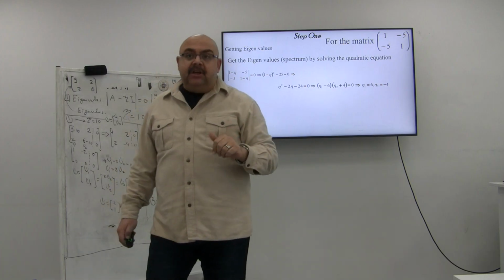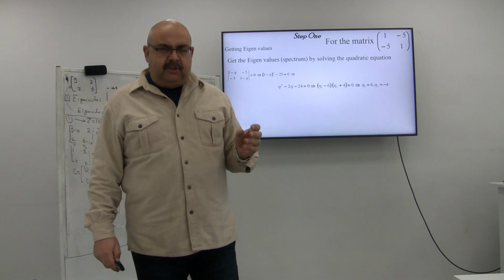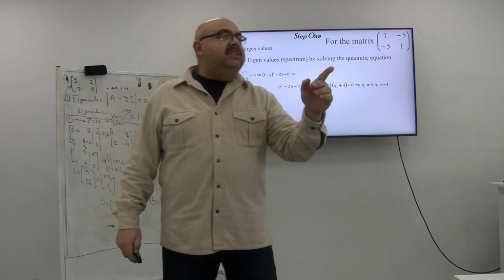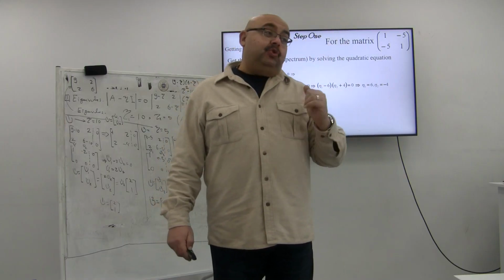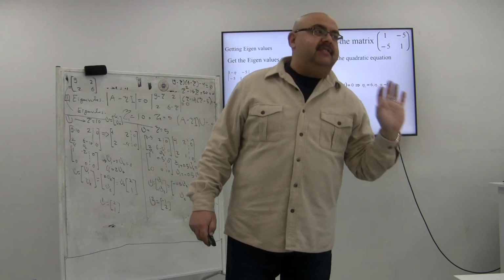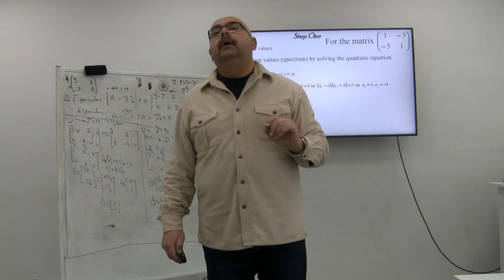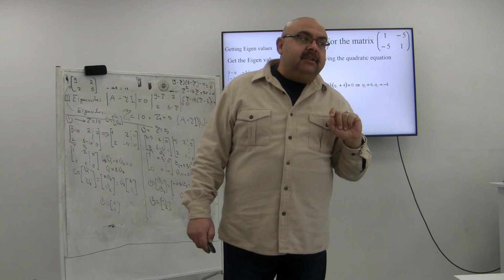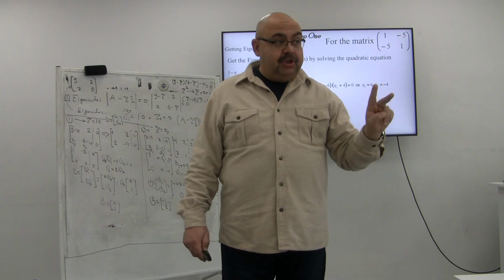Do the eigenvalues here share the same sign? No, they have opposite signs. So this matrix is called an indefinite matrix. The first one was positive definite, but this one is indefinite. Why is it indefinite? Because the eigenvalues don't share the same sign.